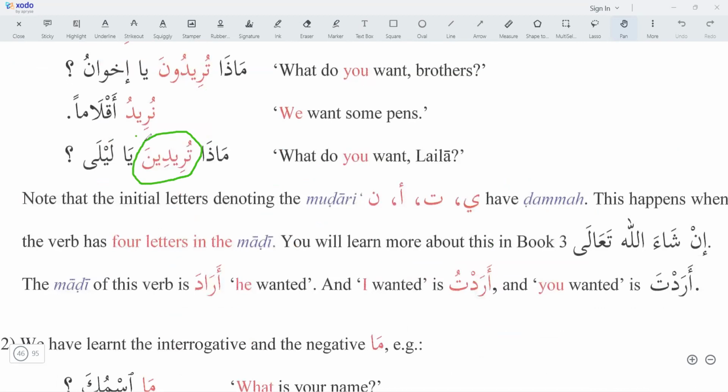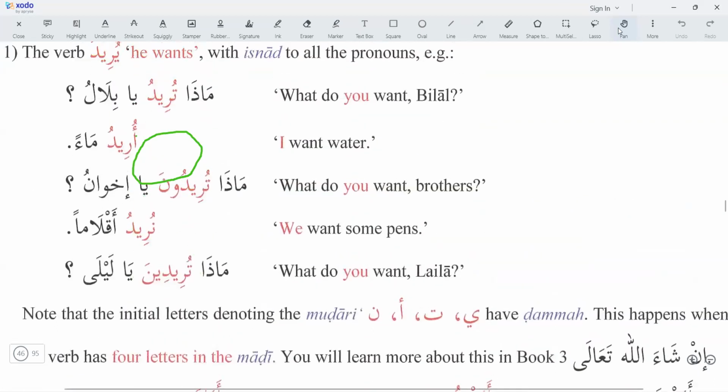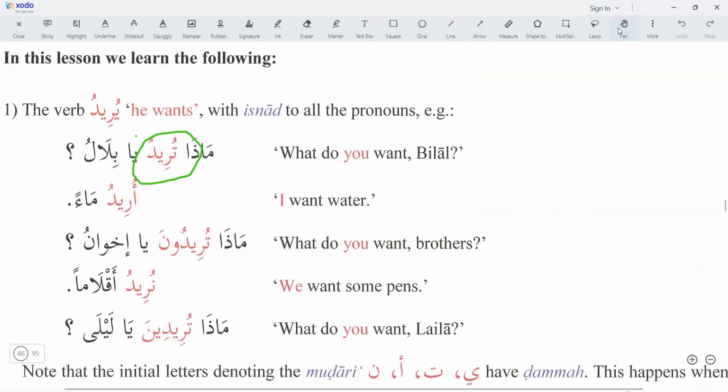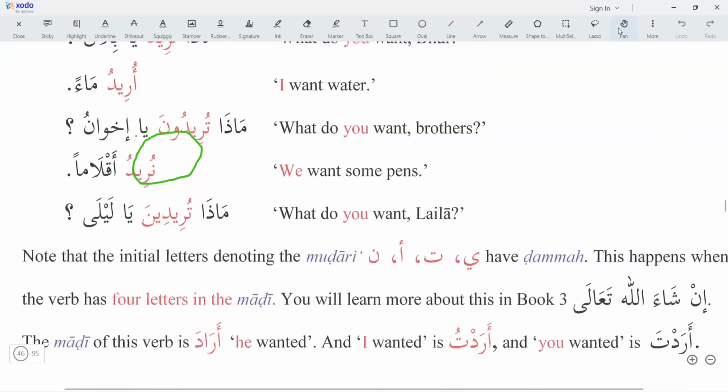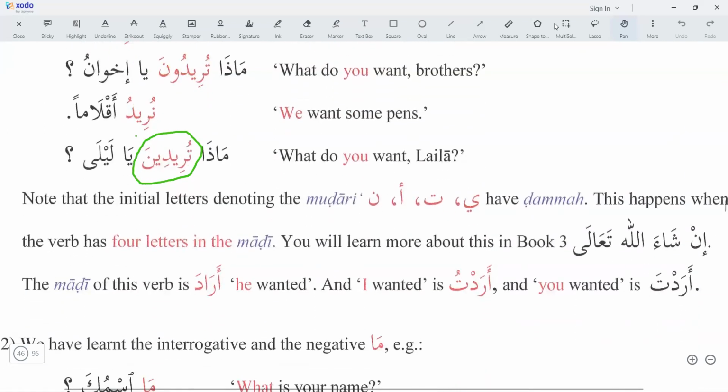So these are the isnad of the verb uridu: turidina, nuridu, turiduna, and uridu, turidu. These are all the isnad with the pronouns.